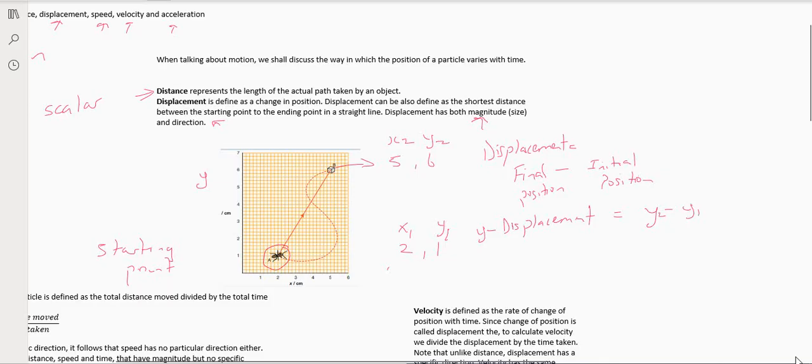We know y2 as 6 minus 1. Our displacement here for the y is going to be 5 centimeters.